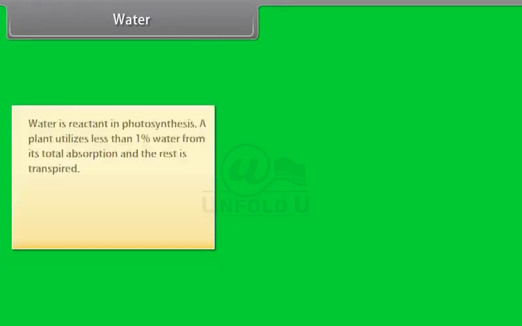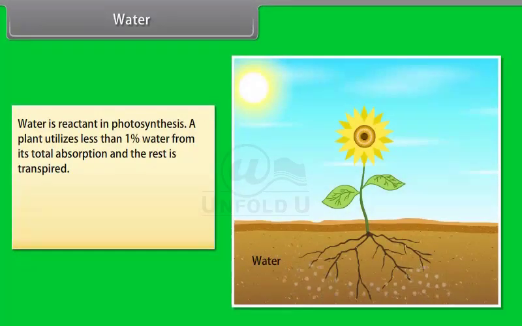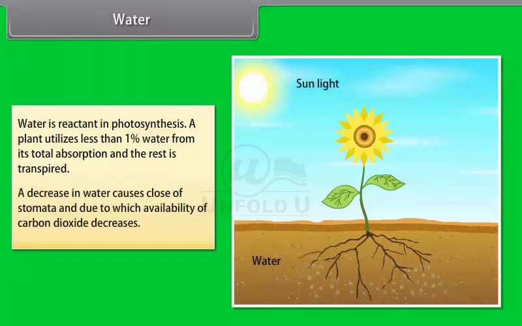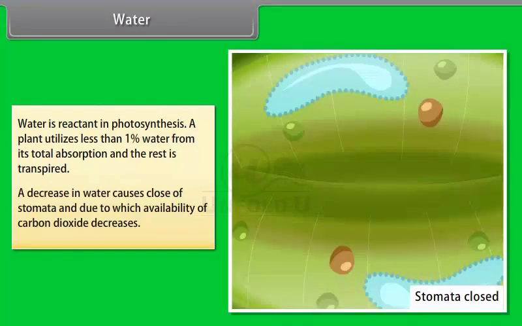Water. Water is a reactant in photosynthesis. A plant utilizes less than 1% of the water it absorbs, and the rest is transpired. A decrease in water causes closure of stomata, due to which the availability of carbon dioxide decreases.